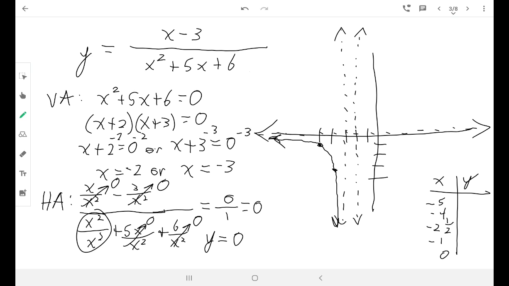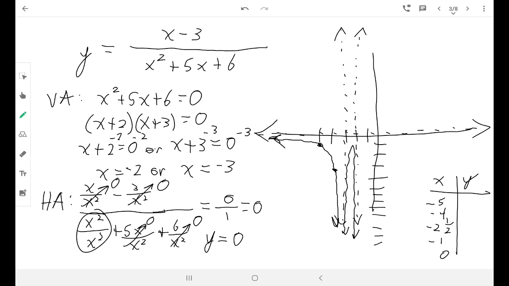So -11. So what that tells me is that it's way down here somewhere, and this probably does something like this, and it just keeps following those asymptotes.